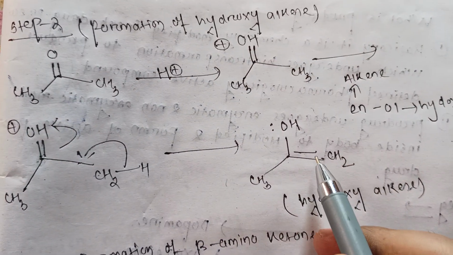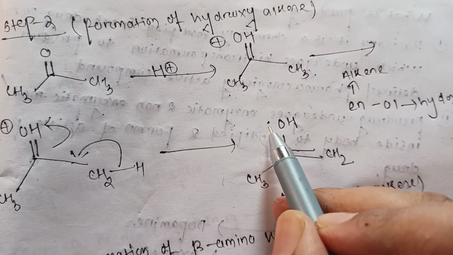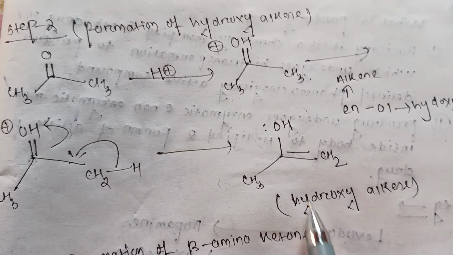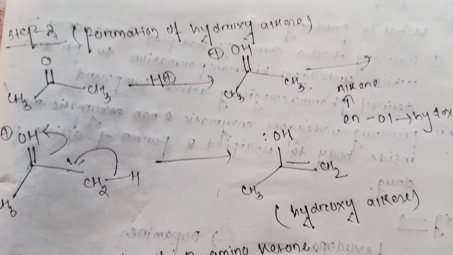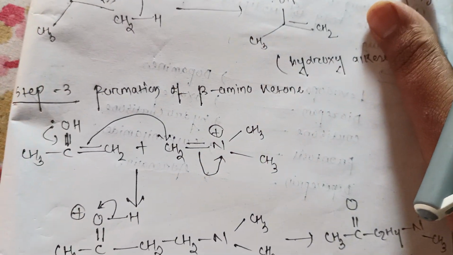Here the formation of the double bond takes place, and the oxygen gets its electron pair again. This is called hydroxyalkene. And finally the last step, the formation of beta amino ketone.